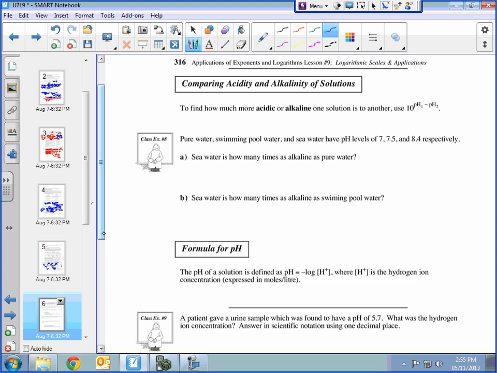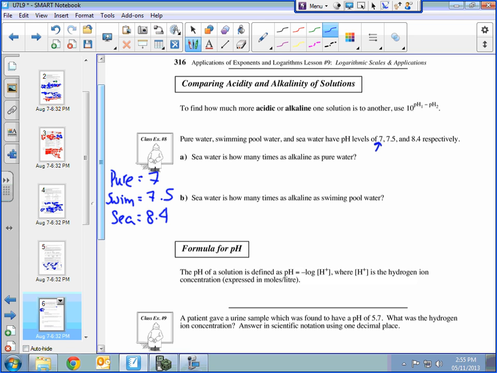So we're going to use 10 to the pH 1 minus pH 2. So pure is 7. Swimming is 7.5. And seawater is 8.4.